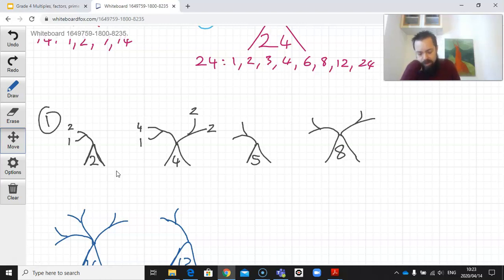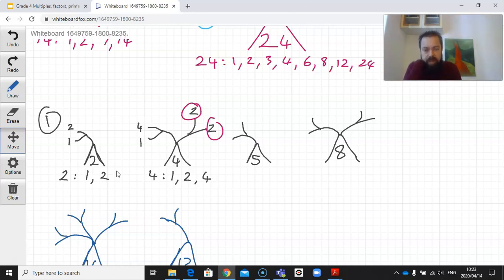I forgot to list my factors underneath. So 2 has factors 1 and 2. 4 has factors 1, 2, and 4. Although there are 2 of them, we only listed once. There are a few numbers that have these repeat numbers, but we just list them the one time.